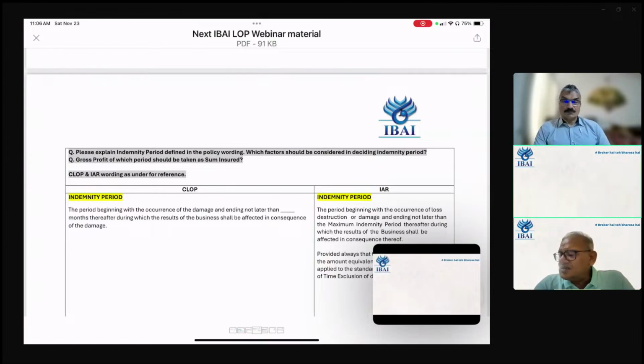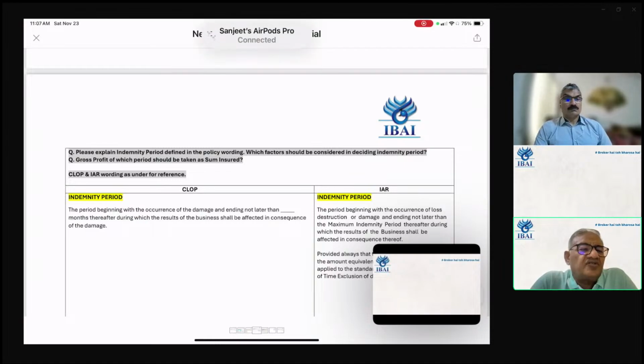The last question to both of you, because it is already 6 minutes over. The question is, I have selected an indemnity period of 24 months, but my material damage policy talks about 12 months of reinstatement. Why should it be 12 months automatically?